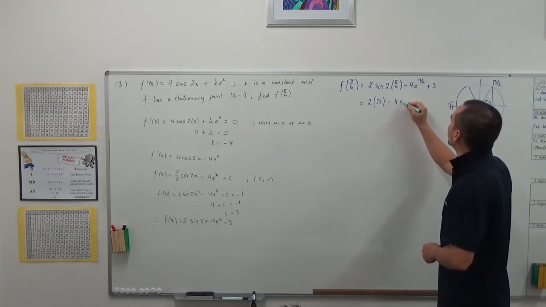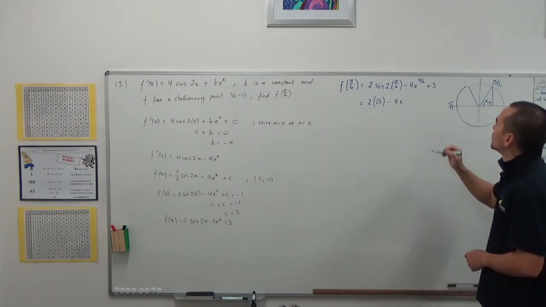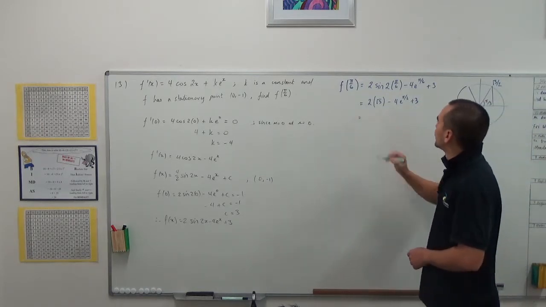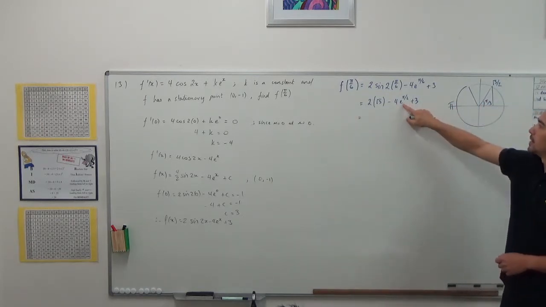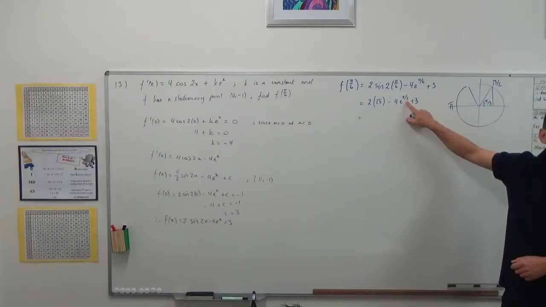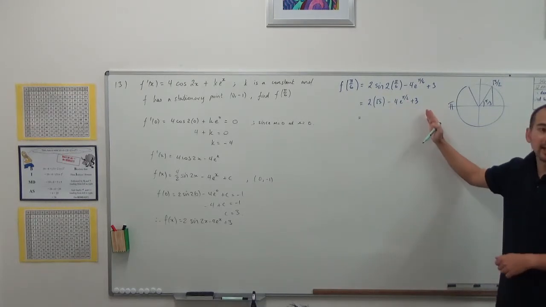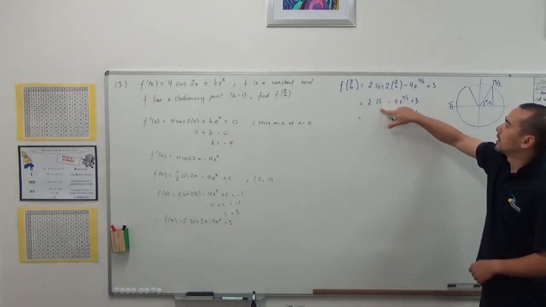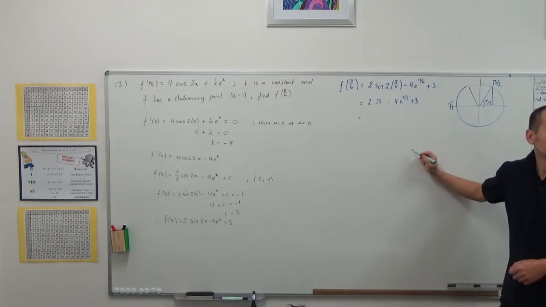Take away 4e to the pi on 6, add 3. Now, when we try to simplify e to the power of pi on 6, are we going to get a nice number? No, it's going to be a long decimal, won't it? So I've taken this as far as I can, and now we need to plug this into a calculator and come up with this decimal answer.